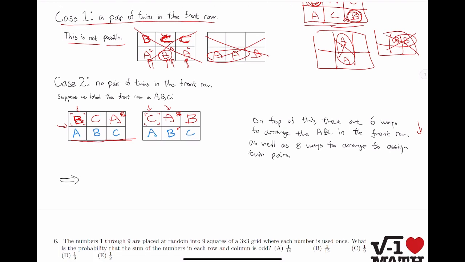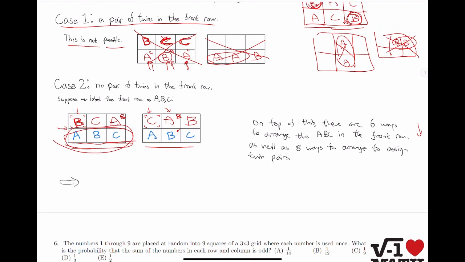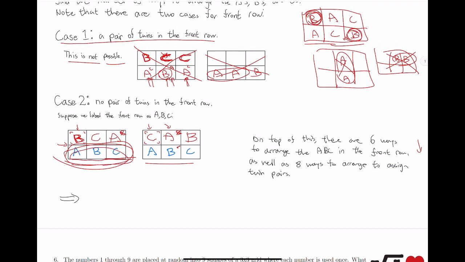And in both cases, we get 2 different ways that work given a single arrangement of the types of twins in the front row. Now we can arrange these types of twins in 6 total ways: ABC, ACB, BAC, BCA, CAB, and CBA, in 6 ways. And each way has 2.